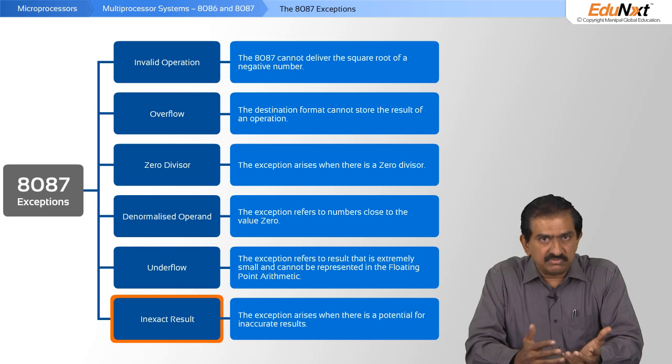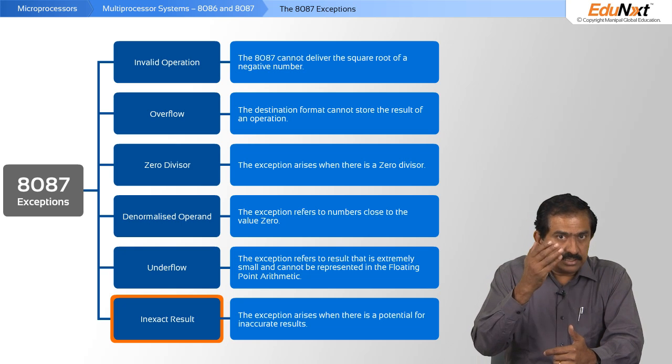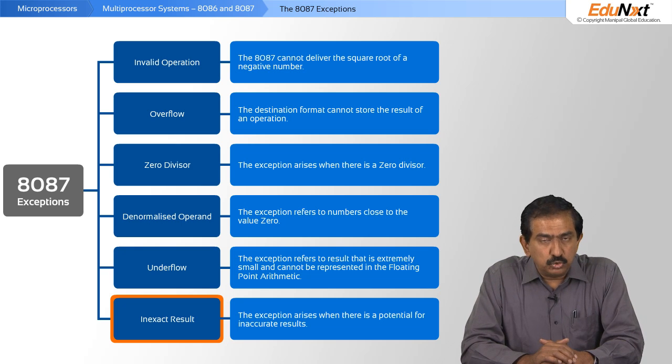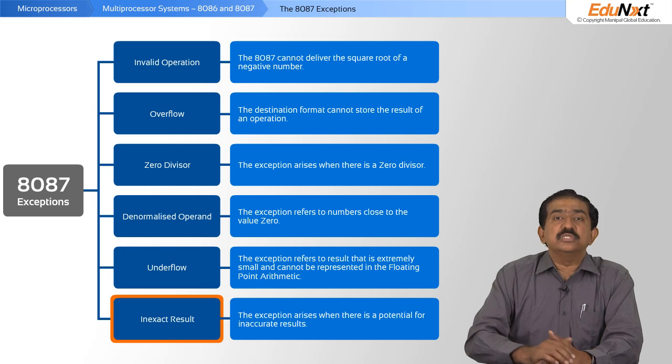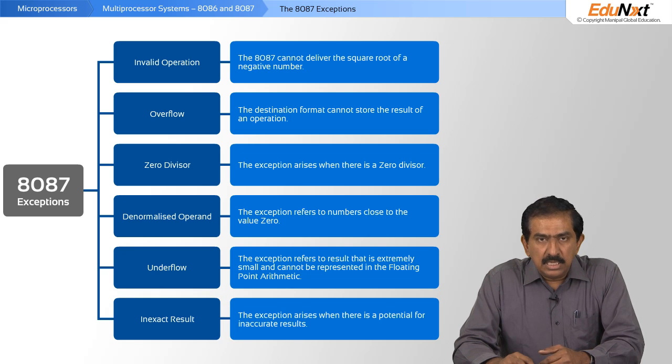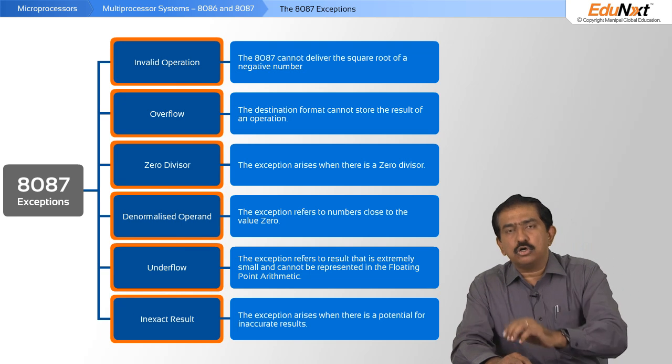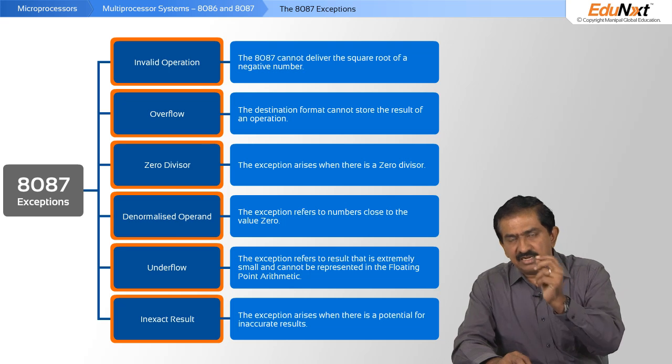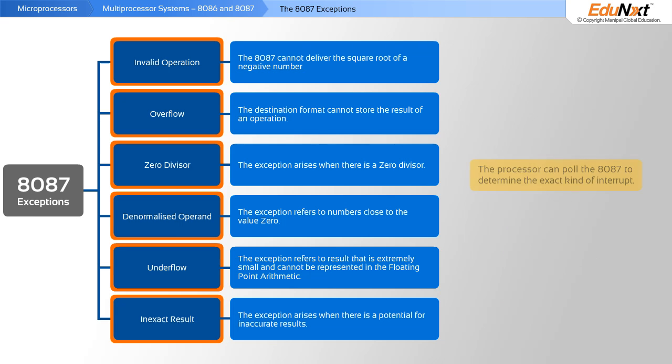Typically, this inaccuracy is very small, but again, it leaves the options up to you as a programmer to decide what to do with this inaccuracy. All these exceptions can cause an interrupt of the processor, and if the processor is interrupted, it can poll the 8087 to determine the exact kind of interrupt.